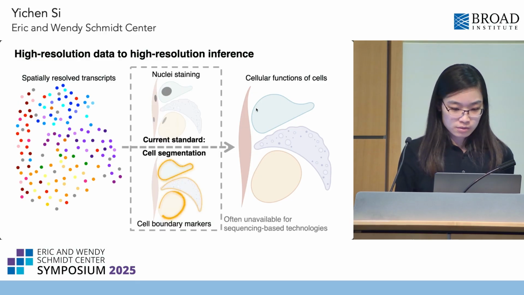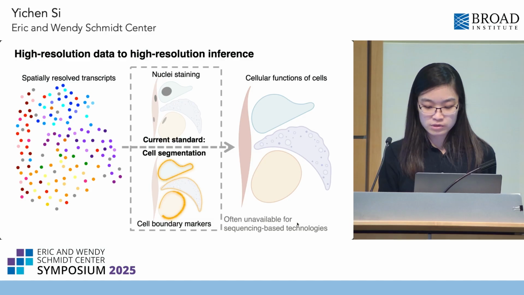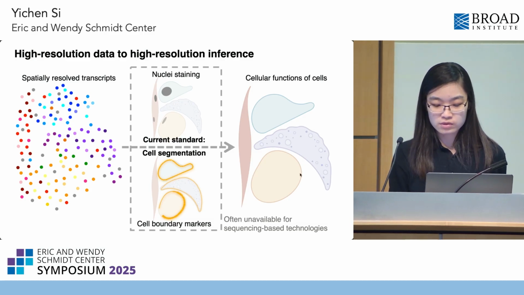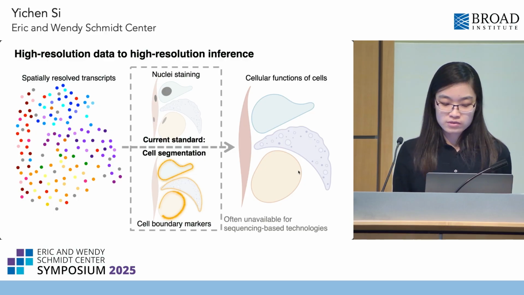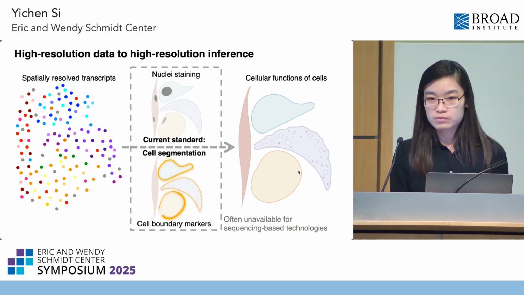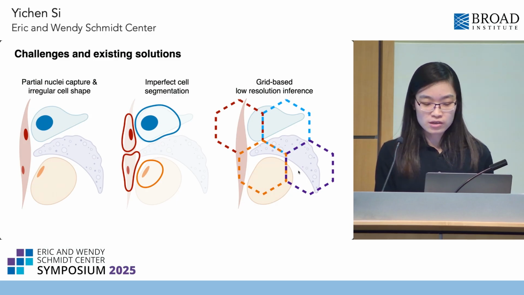The current standard approach is to use nuclei staining and cell boundary markers to perform cell segmentation before doing single-cell level analysis. However, high-quality imaging information is not always available, especially for some sequencing-based platforms. So even when cell segmentation is feasible, it's still a challenging task.